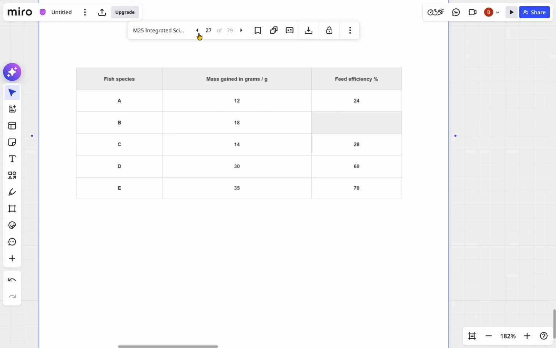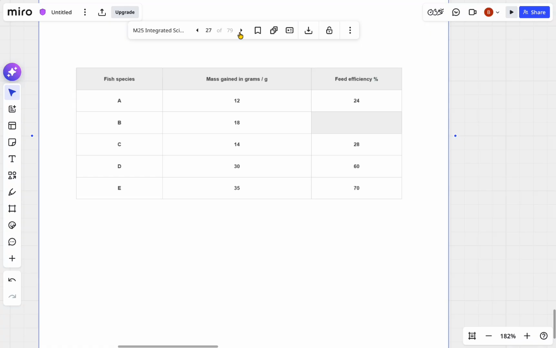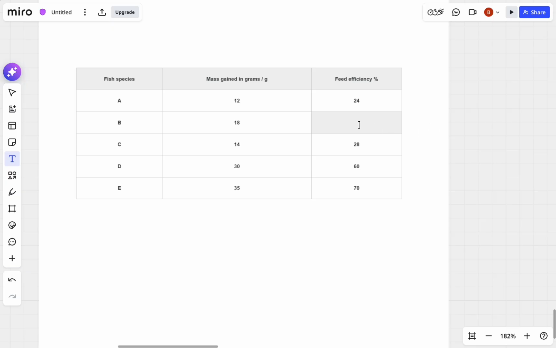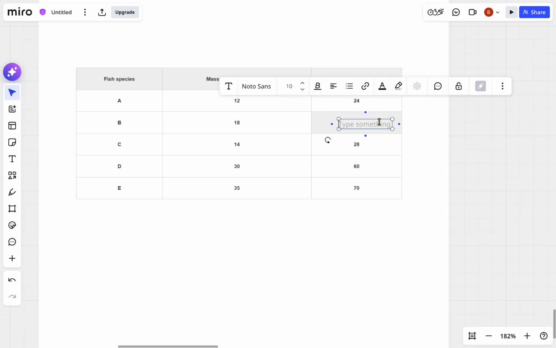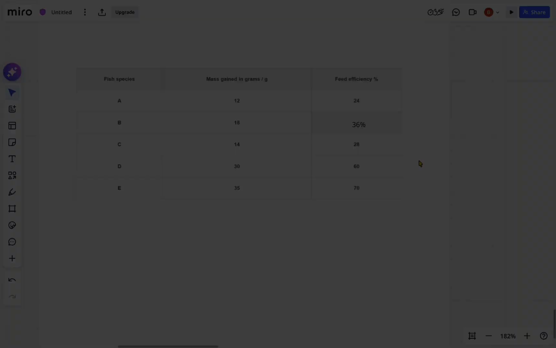So it's going to be 18 by 50 into 100%. Let me just plug this into a calculator. 18 by 50 is 0.36, and 0.36 into 100 is 36. So the feed efficiency over here is going to be 36%. That's our answer. It's just a matter of using the formula.